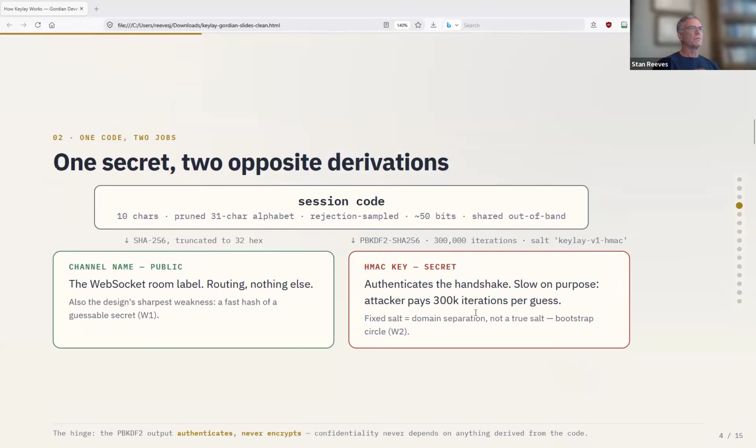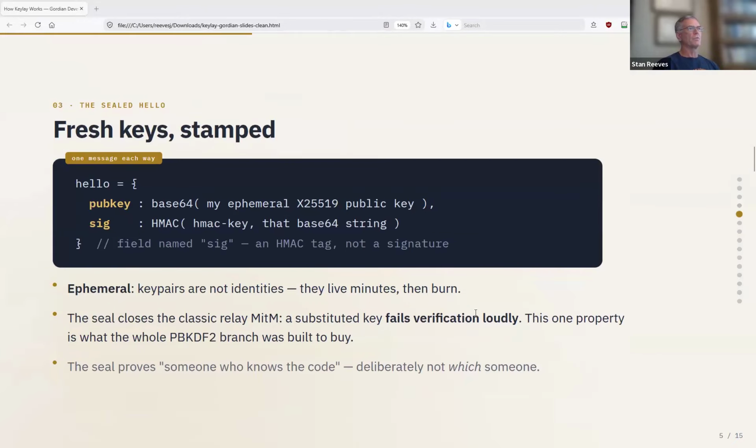So then with that, we go to creating fresh keys. So both participants will create a public key and a private key, and then will authenticate their own public key because they have a shared code.